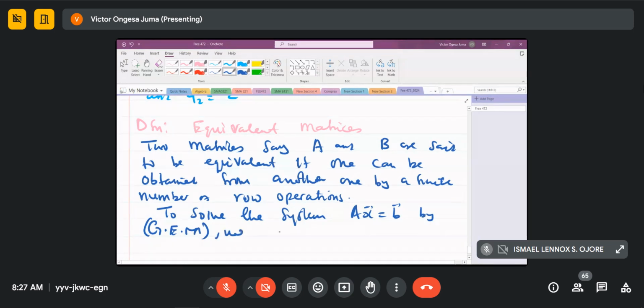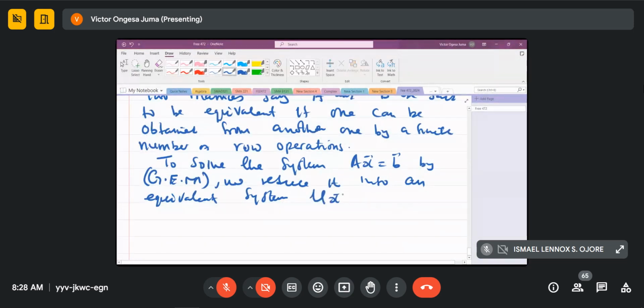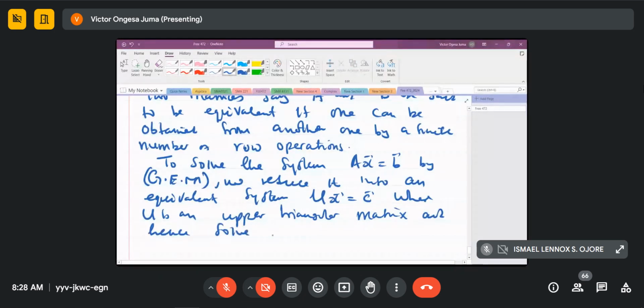We reduce it into an equivalent system UX is equal to, say, for example, C, where U is an upper triangular matrix. And hence solve by back substitution.